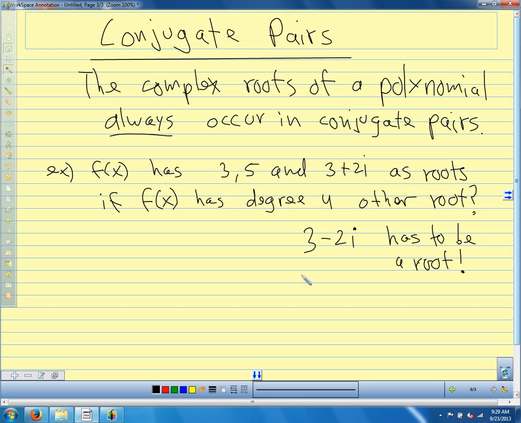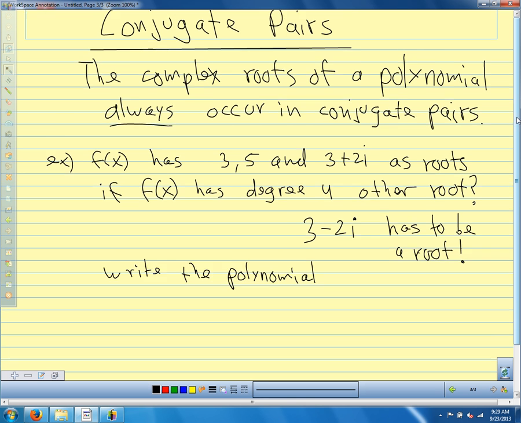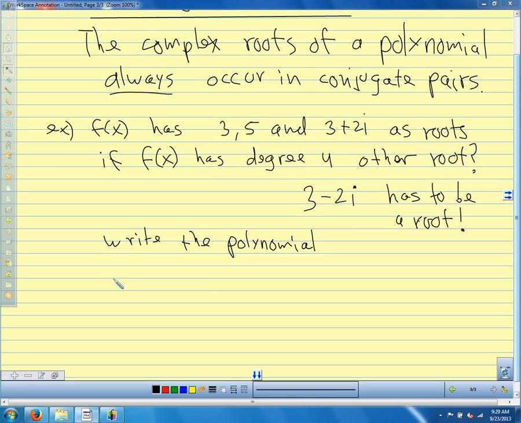What if the question asks us to then write out this polynomial? So it gives us these roots and it says write out the polynomial. How do we write out our polynomial? f of x equals.